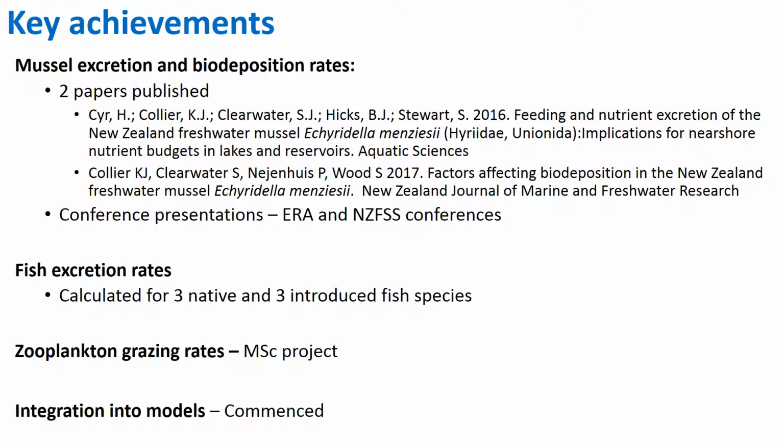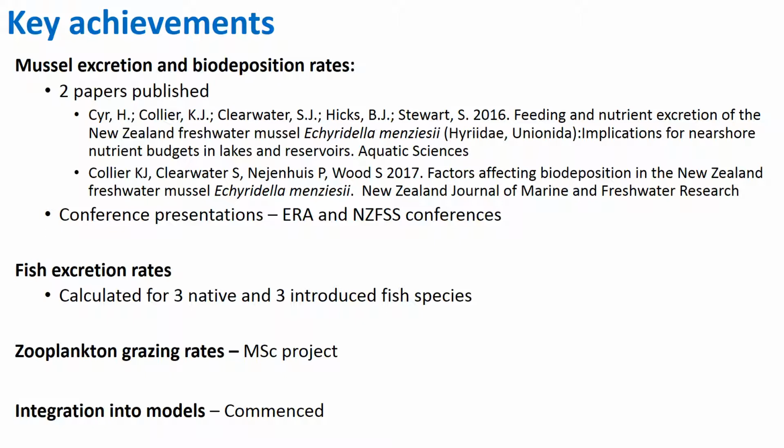We've had conference presentations, one at the Ecological Restoration Society conference on the mussel biodeposition work, and also a poster presentation at the Freshwater Sciences conference in Invercargill on trophic overlap between catfish and eels in some Waikato lakes.